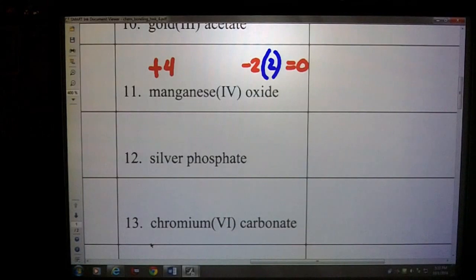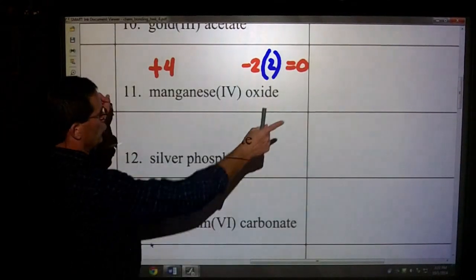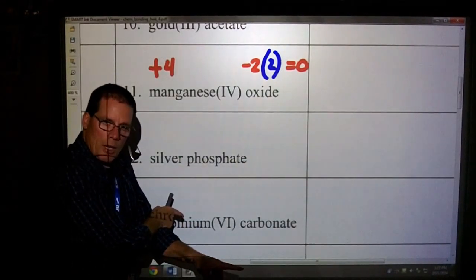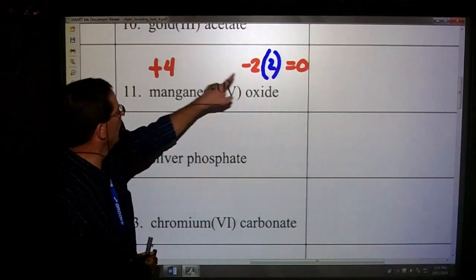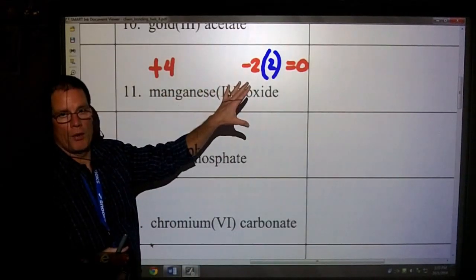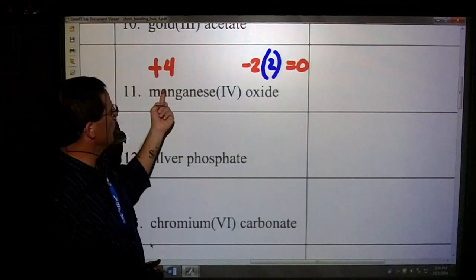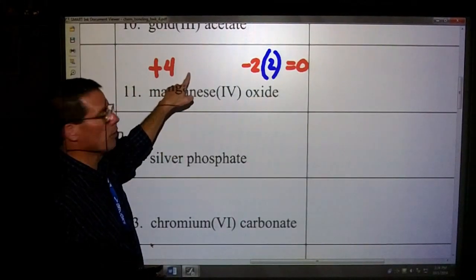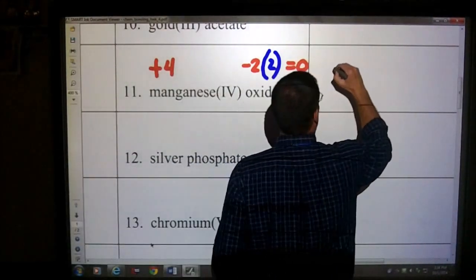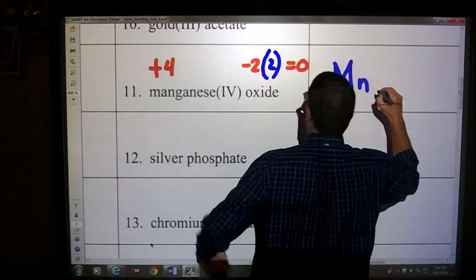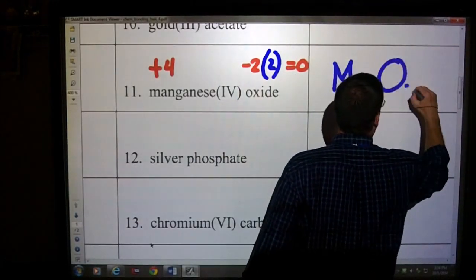Okay. Now, remember when I talked about switching charges? That's okay, but if you do that, do realize that 2 and 4 can go into each other. So that when we write this out, really, we only have one manganese. Okay, so if you have manganese, Mn, and then the oxygen, or oxide, 2.